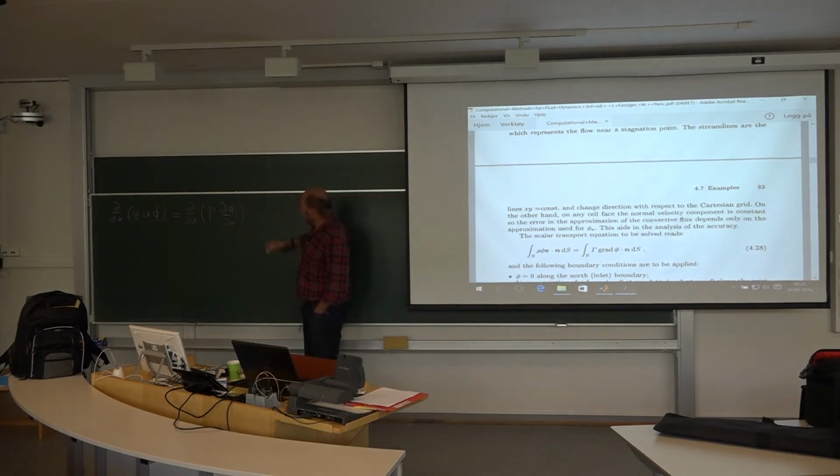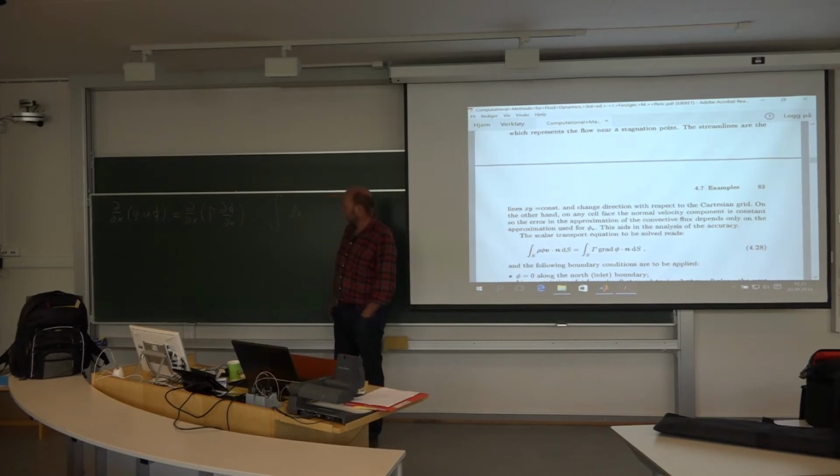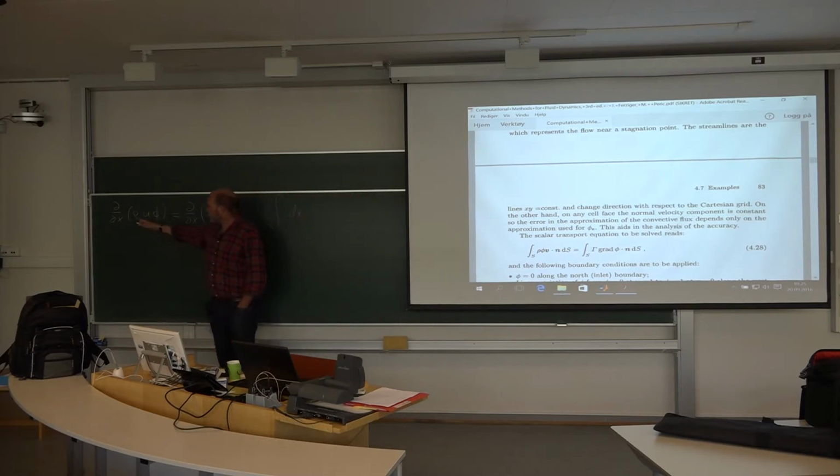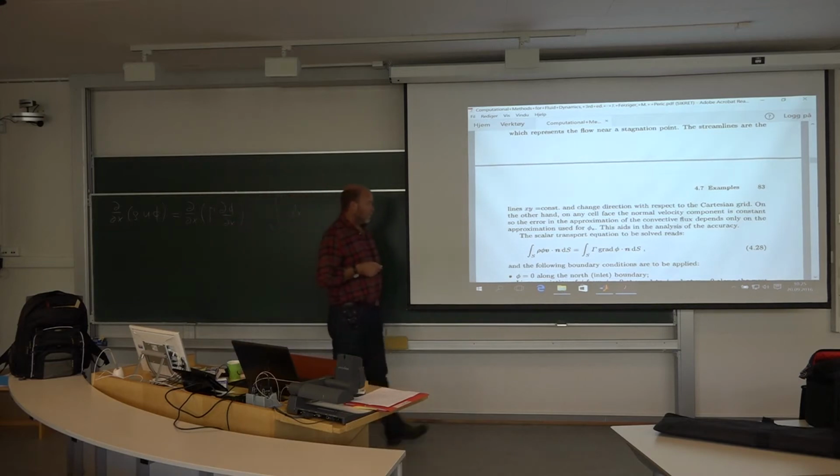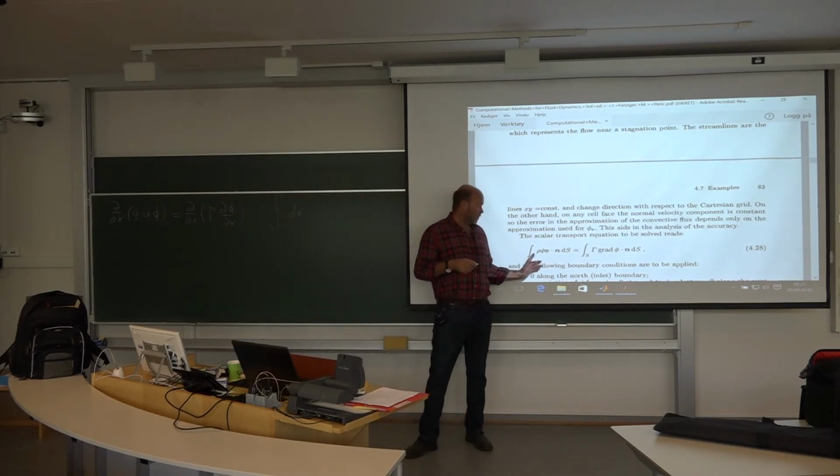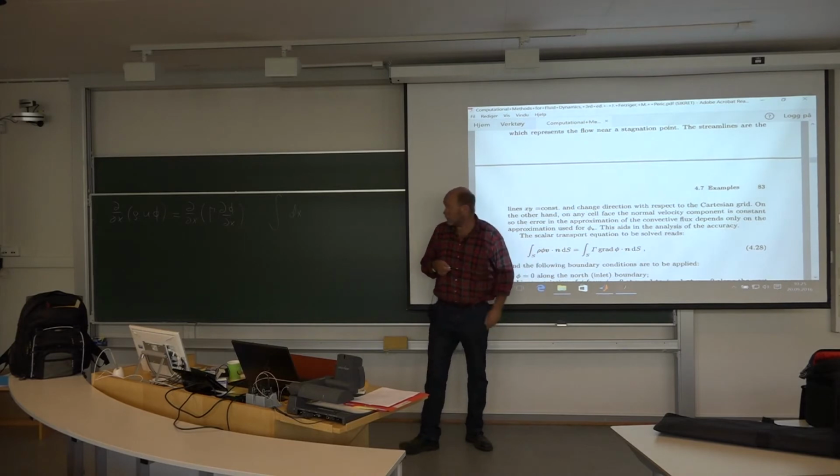So what you do now, you take the integral of the entire equation with respect to x, and what do you get? Well, as you see, the first part will now just simply be this surface integral.